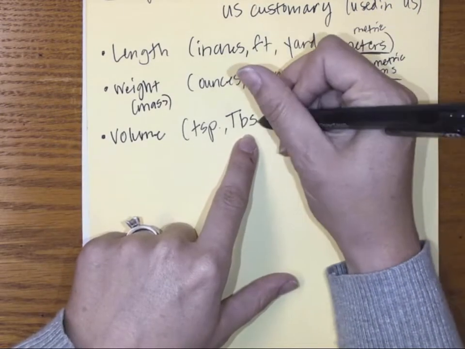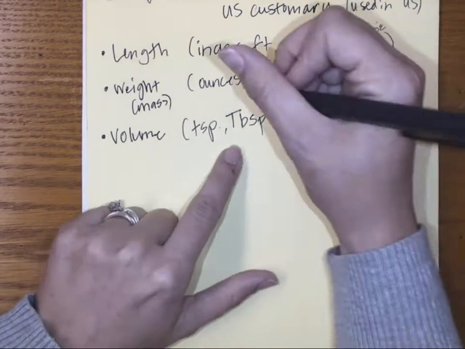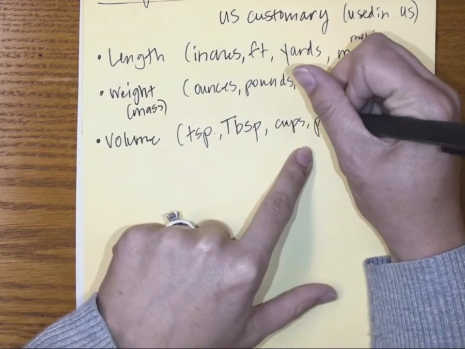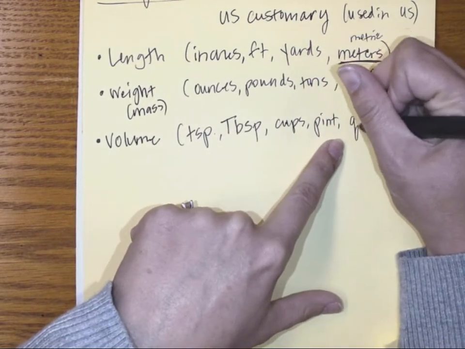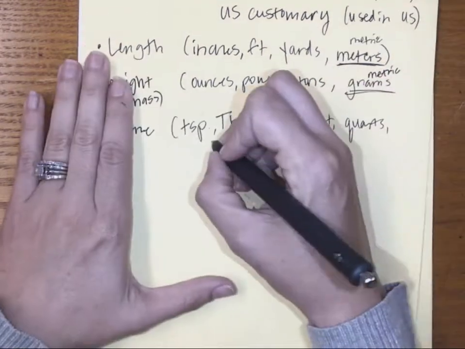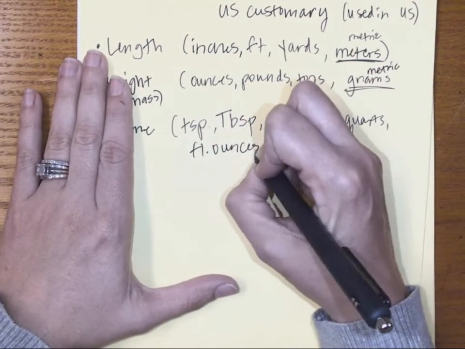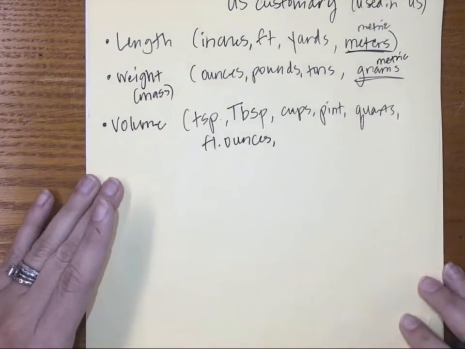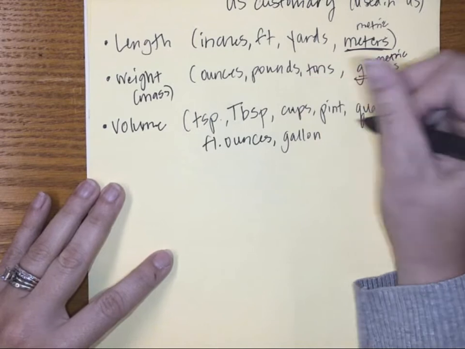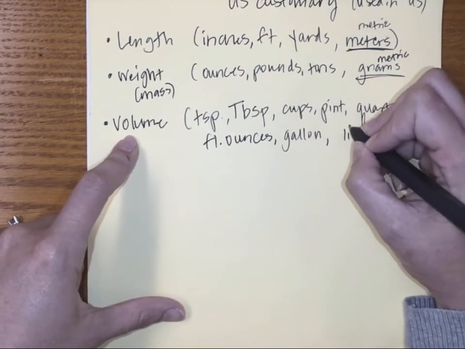We can also measure in cups, pints, quarts, fluid ounces, gallons, and so on and so forth. The metric version of volume is liters.